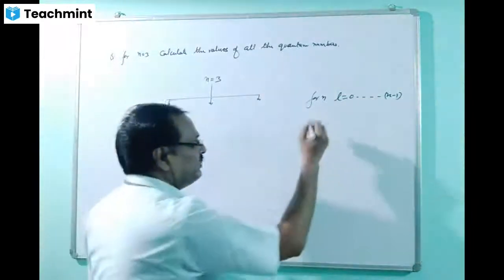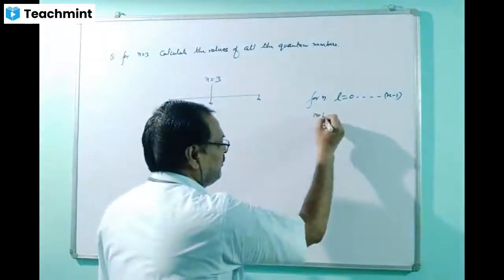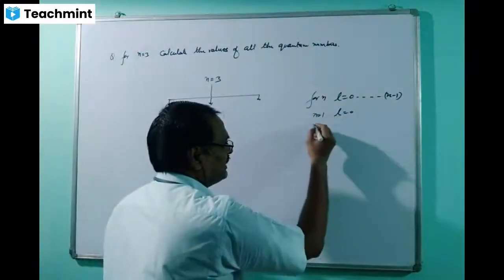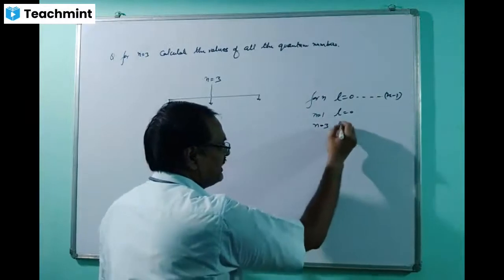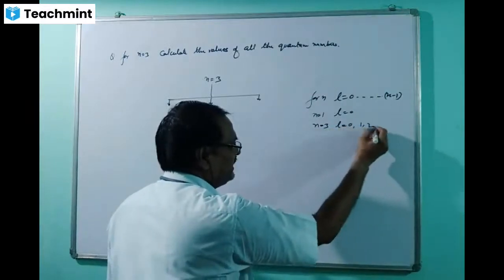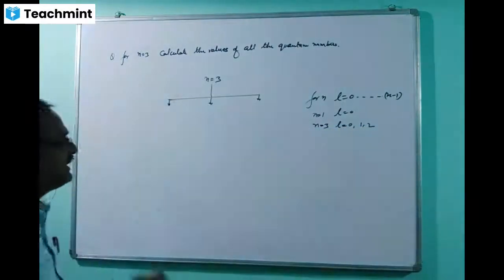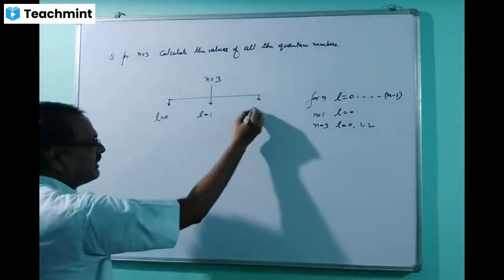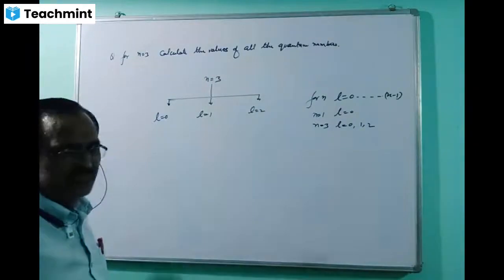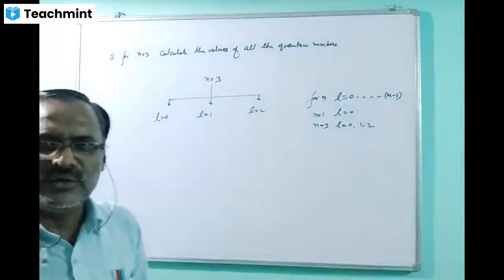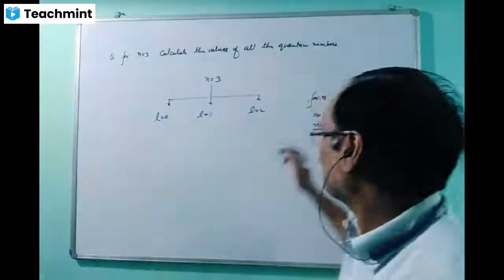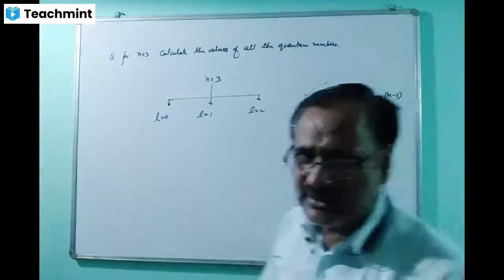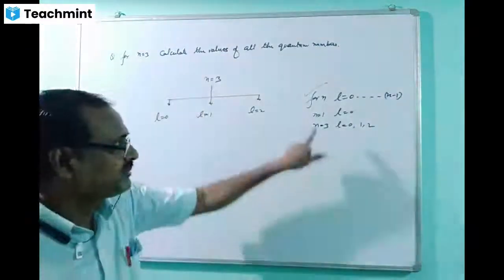So if the value of n is 1, l will be 0. If the value of n is 3, then the value of l is 0, 1, 2. So you can write here, l is equal to 0, 1, 2. All of you understood how the value of l is coming? By applying that formula.